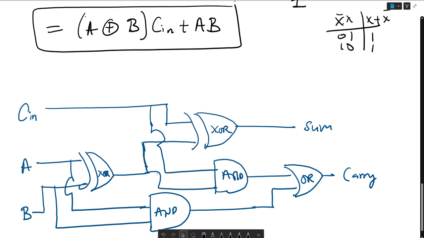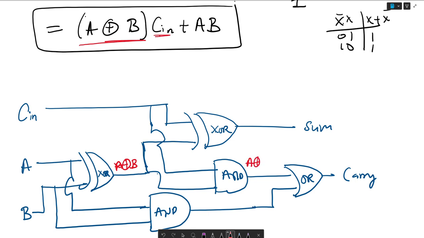So to break this down, if we start with the carry, we notice that A XOR B is right here. A XOR B. We AND it with a Cn. So this is A XOR B and Cn.